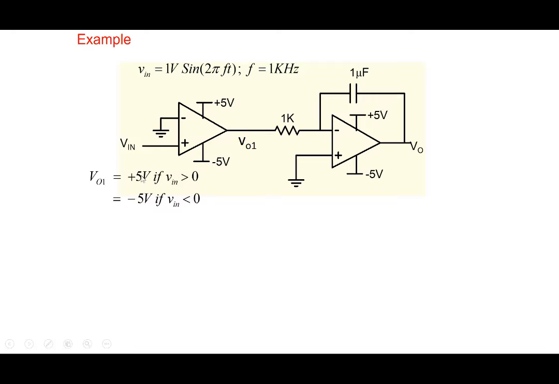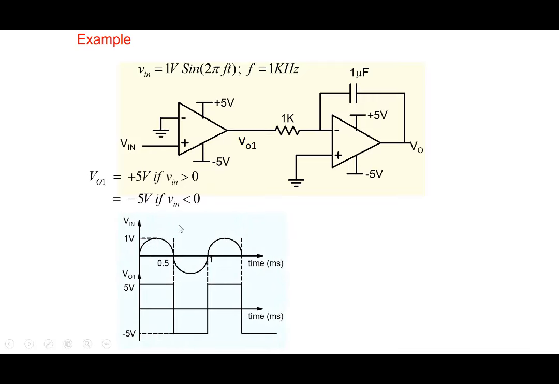Why plus 5 and minus 5? Because the supply voltages are plus 5 and minus 5. So if we have a sinusoid like this, 1 volt, the output of the first stage is going to be 5, then minus 5. The moment the sinusoid goes negative, it goes to minus 5.